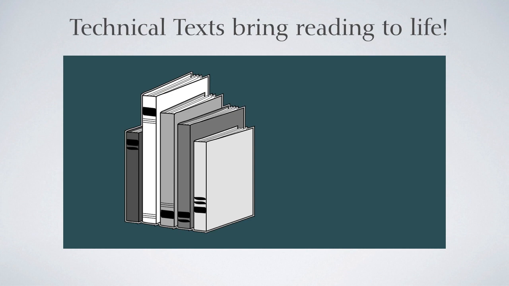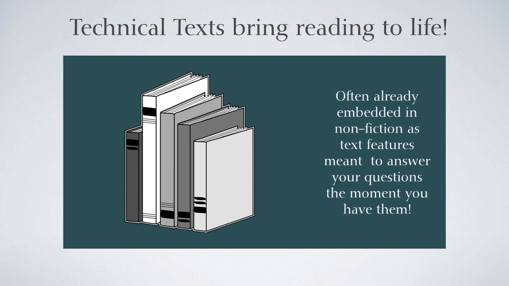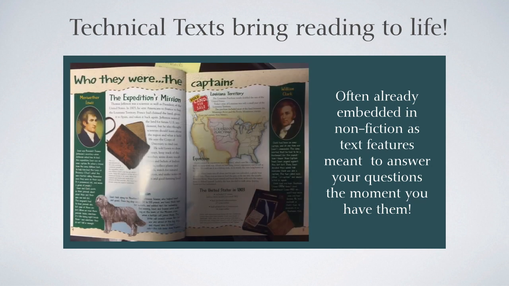If we can't visualize a setting, we look to a map. If we don't understand something, we may consult a chart. If we question the author's validity, we will look at a primary source document. And authors of nonfiction often build these technical texts right into their nonfiction through text features. Let's look at this example from Going Along with Lewis and Clark.